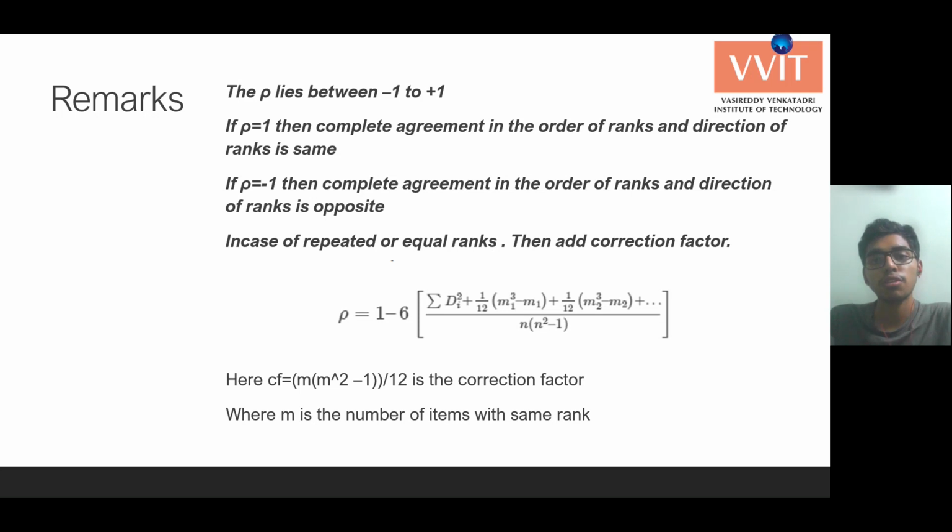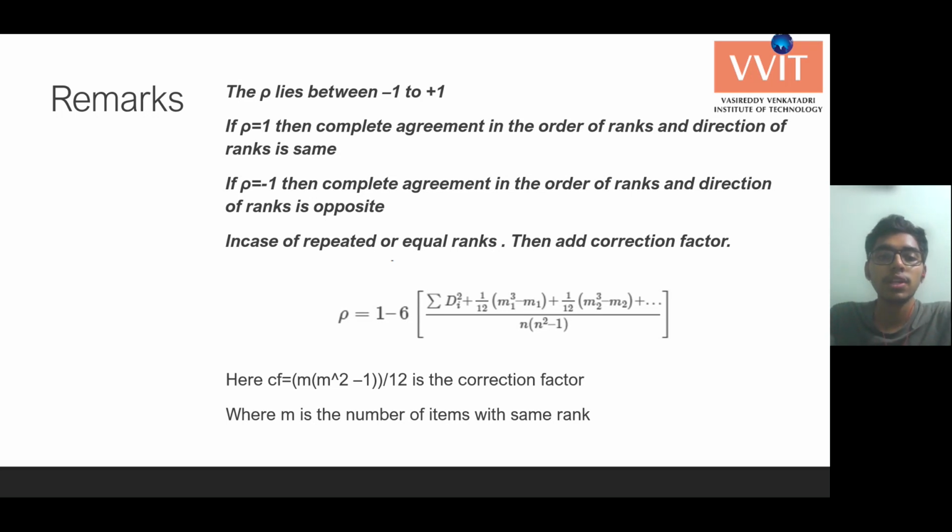Suppose some of the observations have the same rank. In that case, we have to add a correction factor to calculate the Spearman's rank correlation coefficient. The correction factor is m into m square minus 1 by 12. Here is the new formula for rho with the correction factor: rho equals 1 minus 6 of sigma di square plus 1 by 12 into m1 cube minus m1, plus 1 by 12 into m2 cube minus m2, and so on, divided by n into n square minus 1.